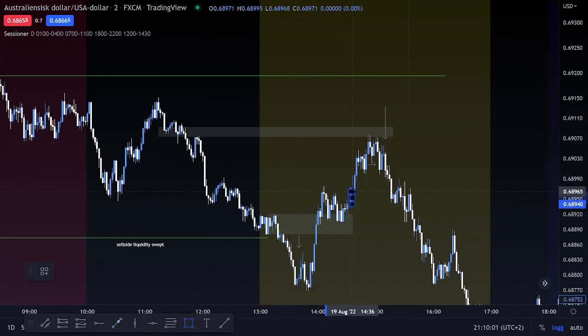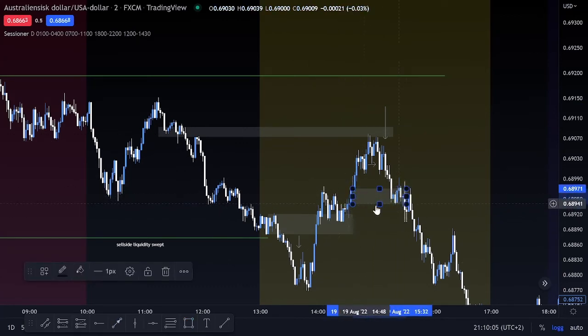I was actually taking off the position here because I wasn't really sure at this point if price was just going to reach down into this area and then take off to run these relative equal highs up there. But anyways, was still two profitable trades.